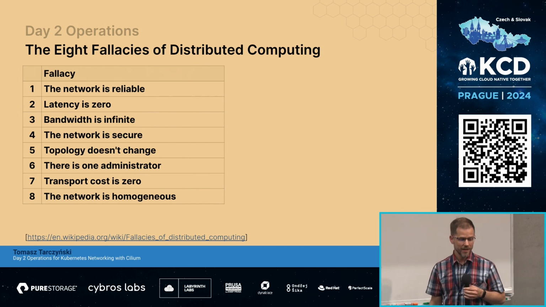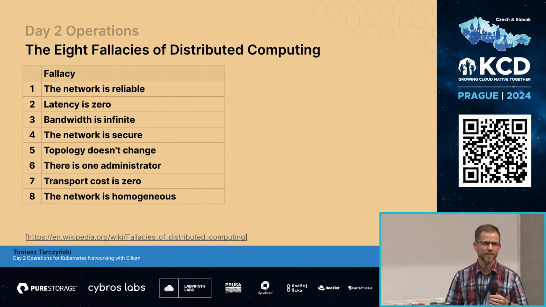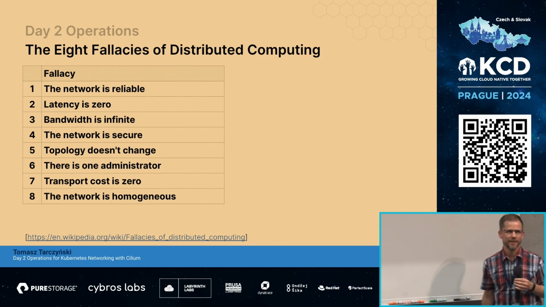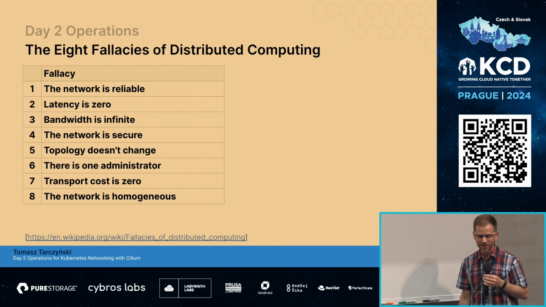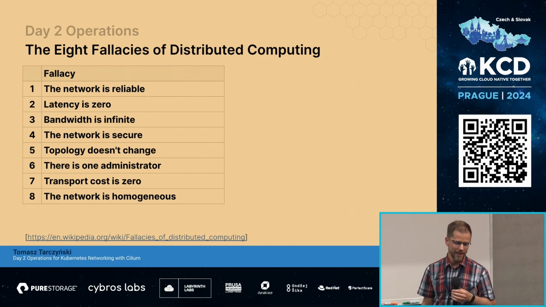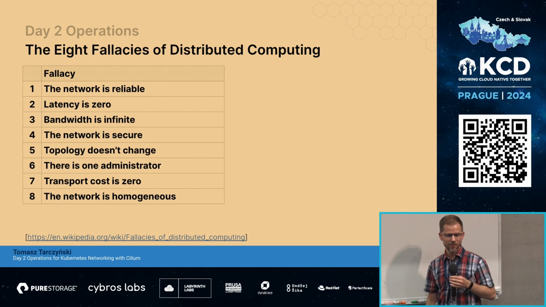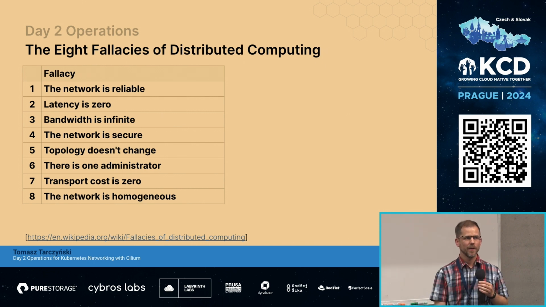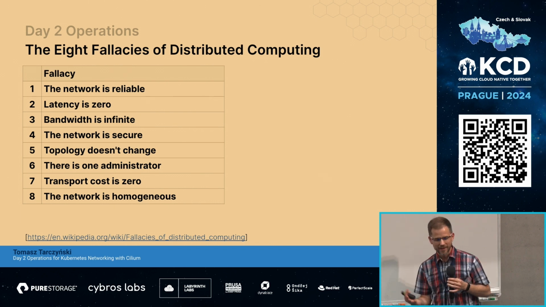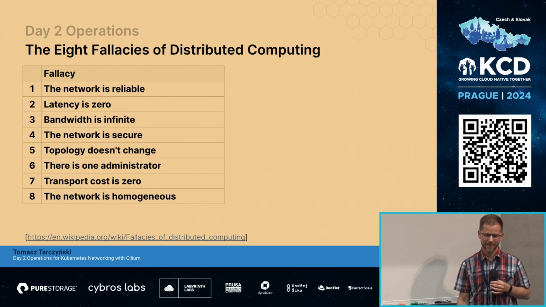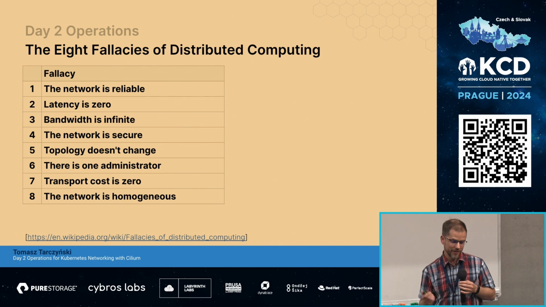And then transport cost is 0. In the cloud, yeah, you can learn this, that it's not true the hard way as well. And the network is homogeneous, so it assumes all the segments of your network would behave exactly the same, which you can learn is also very often not true, or typically not true.